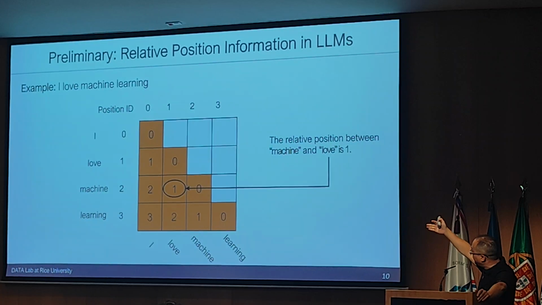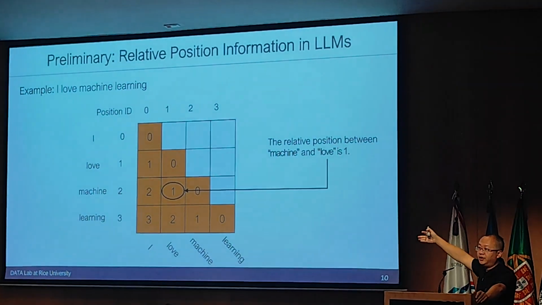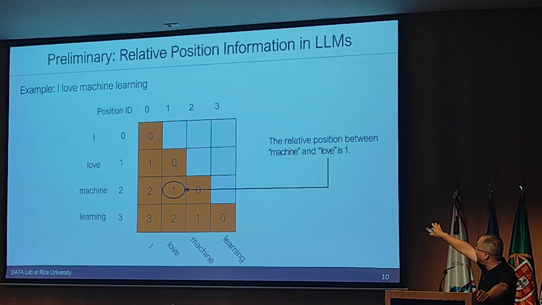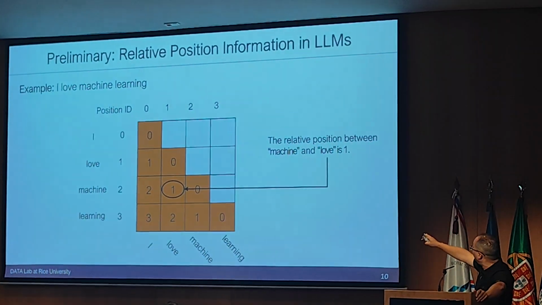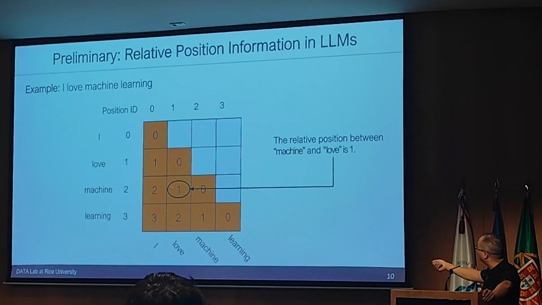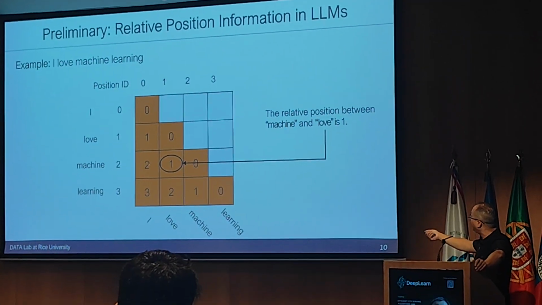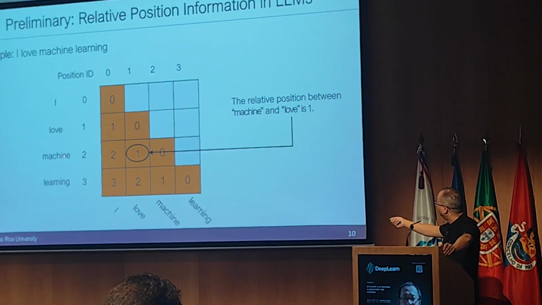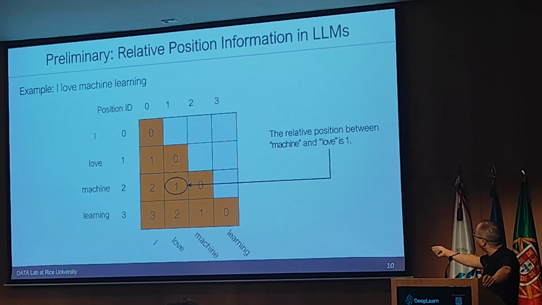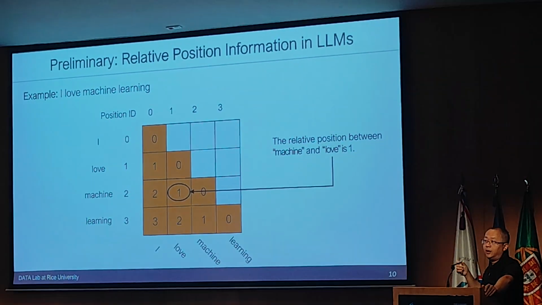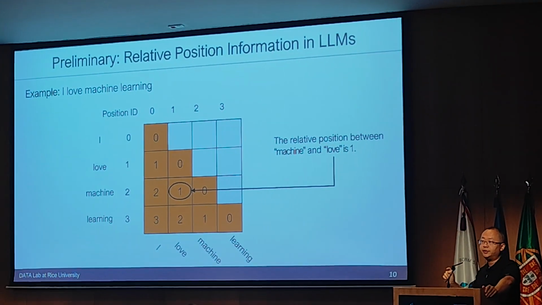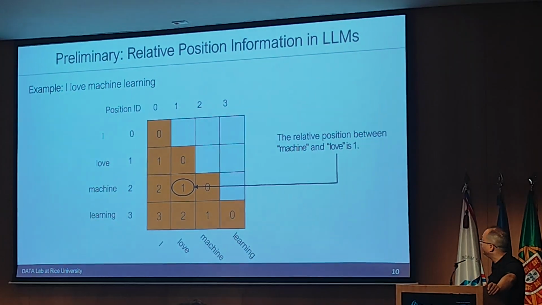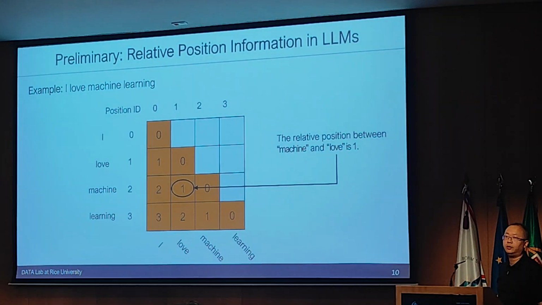Each row represents the position of these 4 tokens in this context, and each column as well, from 0 to 3. Each cell represents a relative position between two tokens, for example, between "machine" and "learning" is 1. So it encodes the relative position between 2 tokens in this context, meaning how close they are, basically.